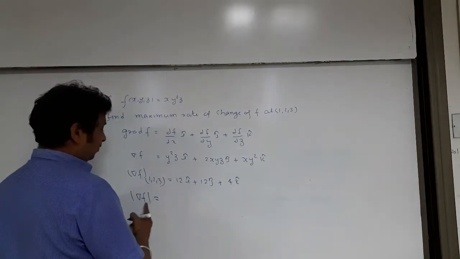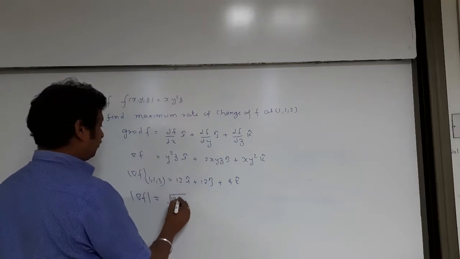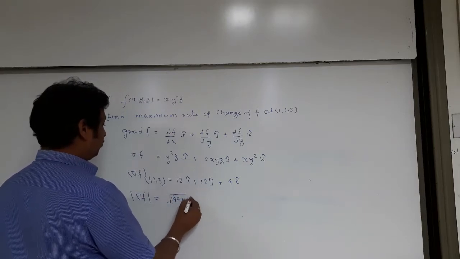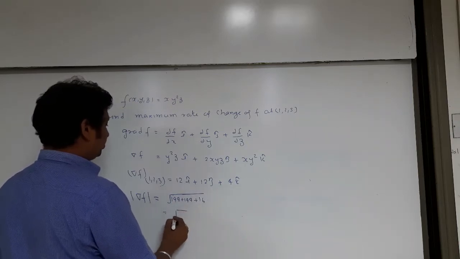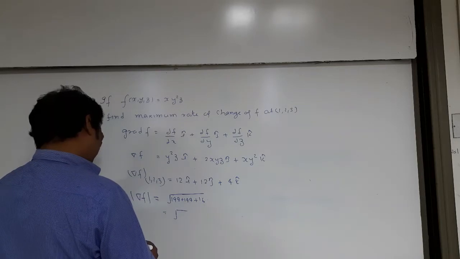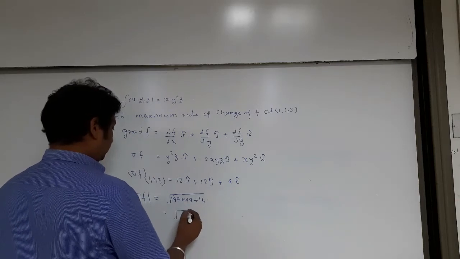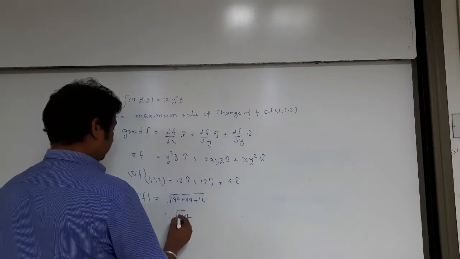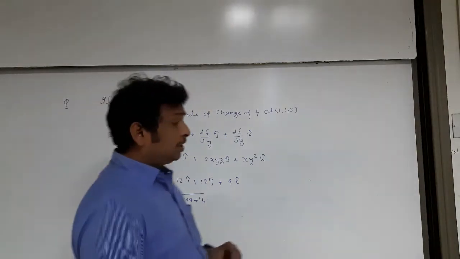So the modulus of del f is the square root of 144 plus 144 plus 16. So this is the maximum rate of change.